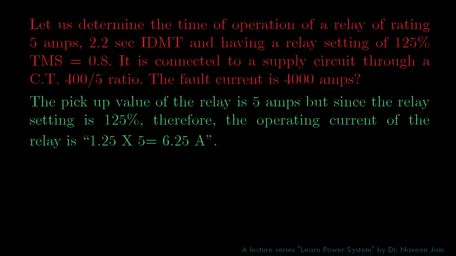The pickup value of the relay is 5 ampere. But you can notice the relay setting is 125%. Therefore, the actual operating current of the relay is 125% of the current setting, that is 6.25 ampere.